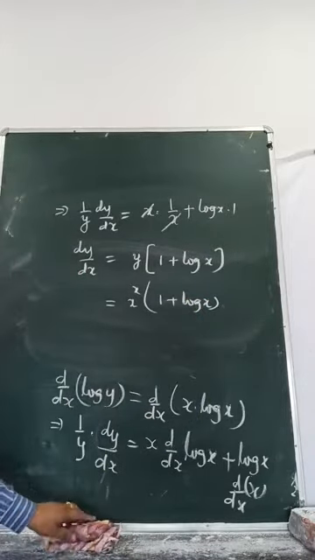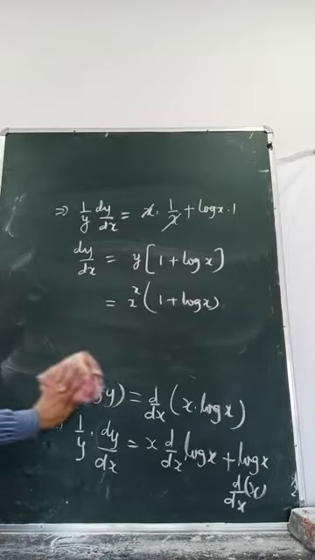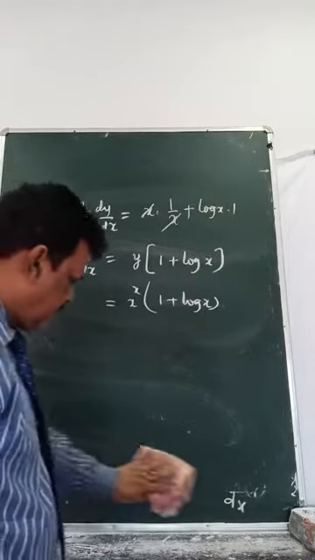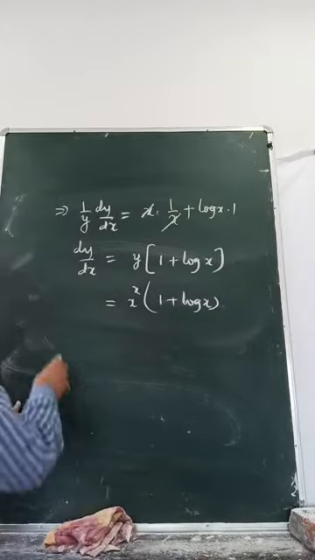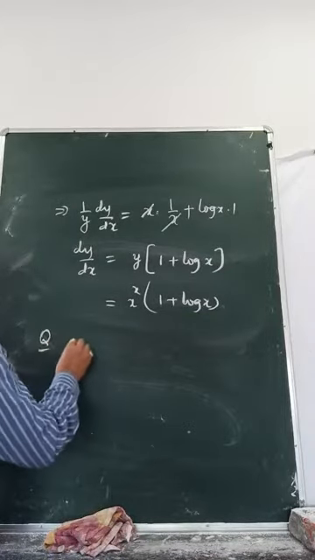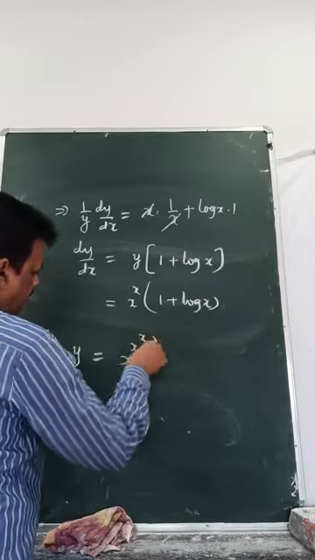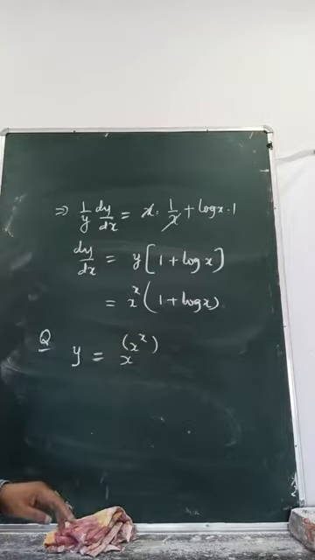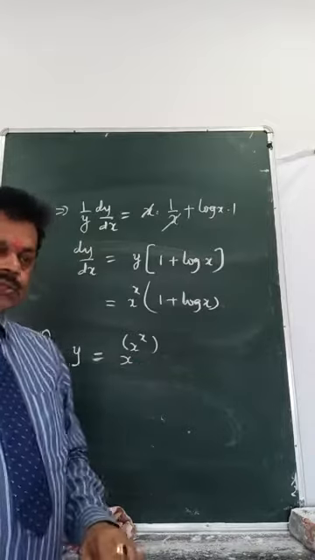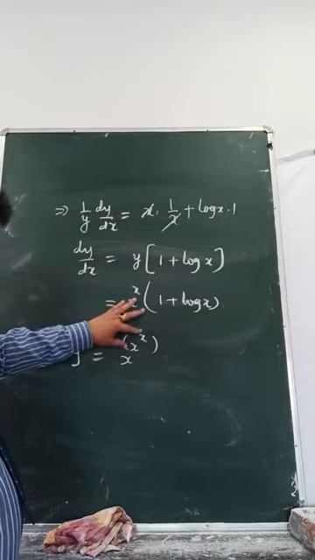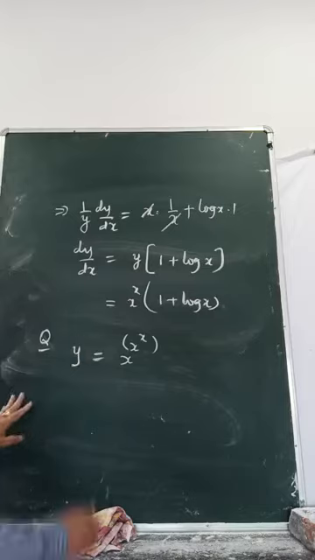Suppose I get a question: y equals x to the power x to the power x, like this. We'll consider this one as m. First we'll take log of this.